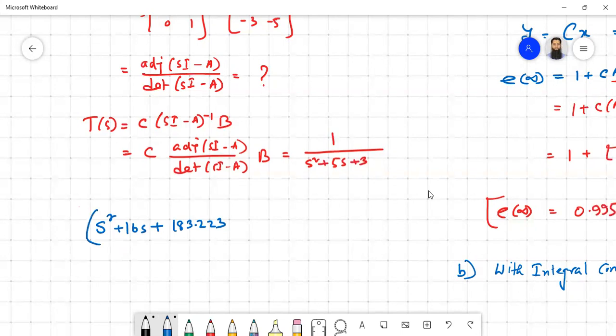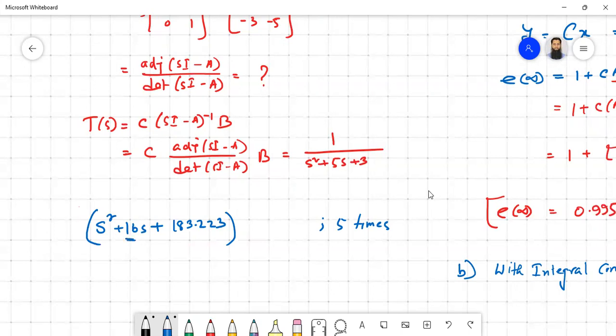Rather, we have to take a pole that is far away so that the second order system is not hampered. Our rule of thumb is that the higher order pole has to be 5 times or more away from the sigma value.